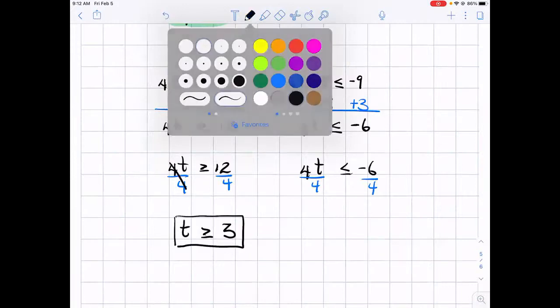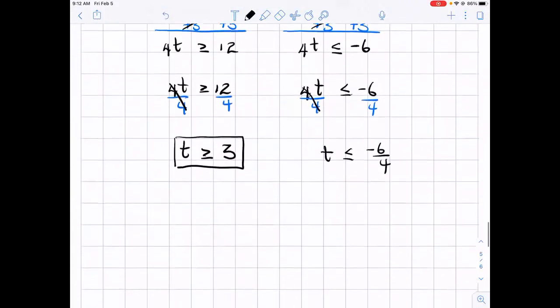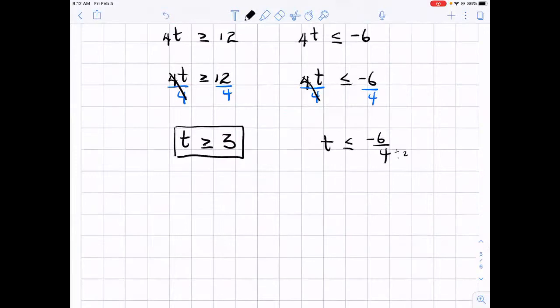And that leaves me with t is less than or equal to minus 6/4, which I can divide top and bottom by 2 to simplify. So t is less than or equal to minus 3/2.